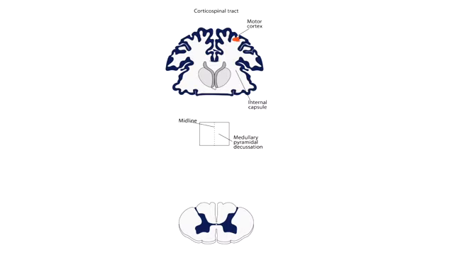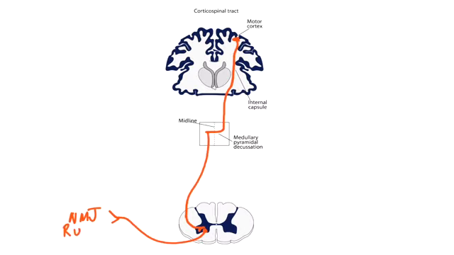Recall that the pathway, then the neuron travels down the internal capsule, and then it decussates at the medullary pyramids and descends in the white matter until it reaches the appropriate level, and then it enters the gray matter, the anterior horn, synapses, and then leaves through the anterior root to the neuromuscular junction. Damage could be anywhere along this pathway. So specifically, we're talking about the right upper extremity, which makes sense because this is a cervical spinal cord level.